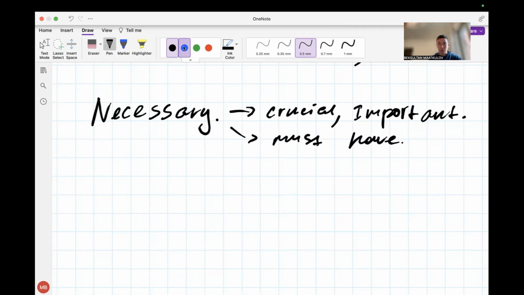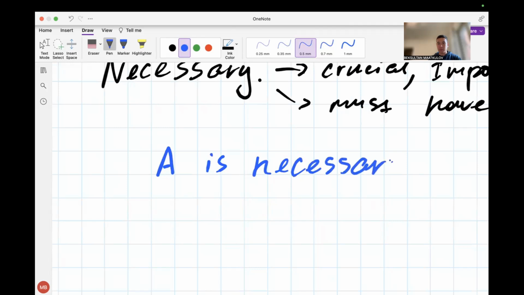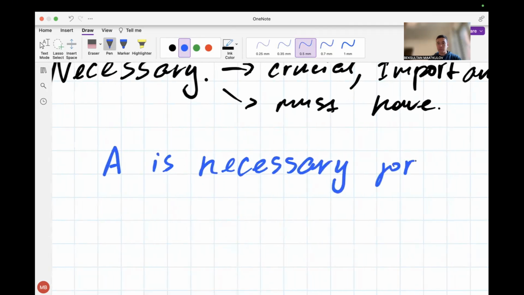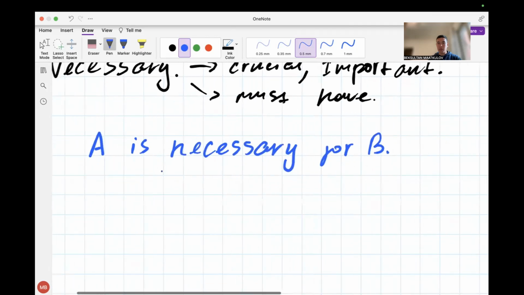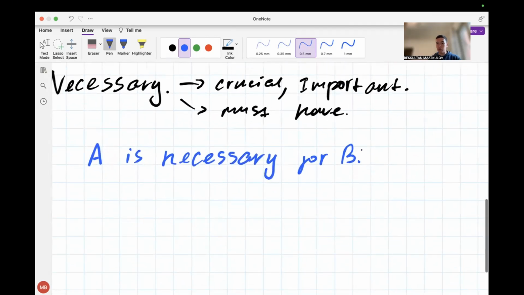For example, you could have something like A is necessary for B. So in this case, A is necessary for B. You can replace it with A is crucial for B, or A is really important for B, or A is must have for B. So basically it says without A, you cannot receive B. So if A is false, then B will also be false.